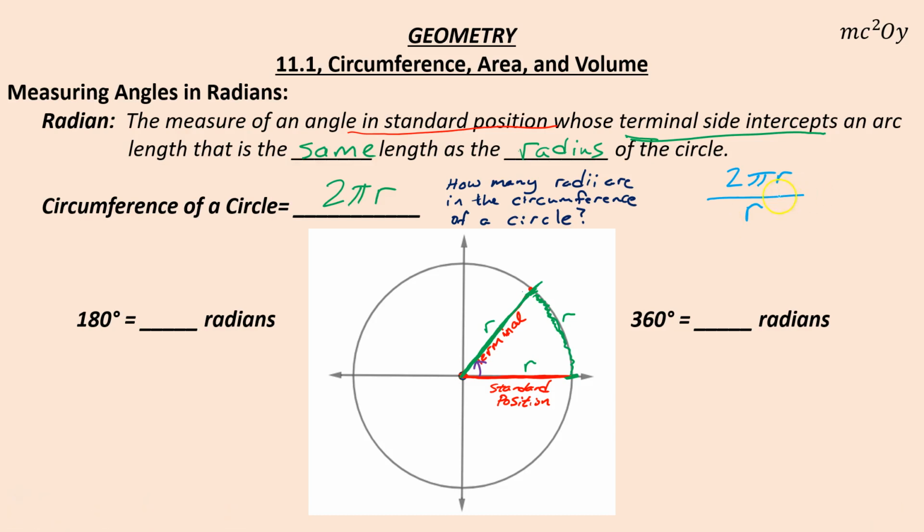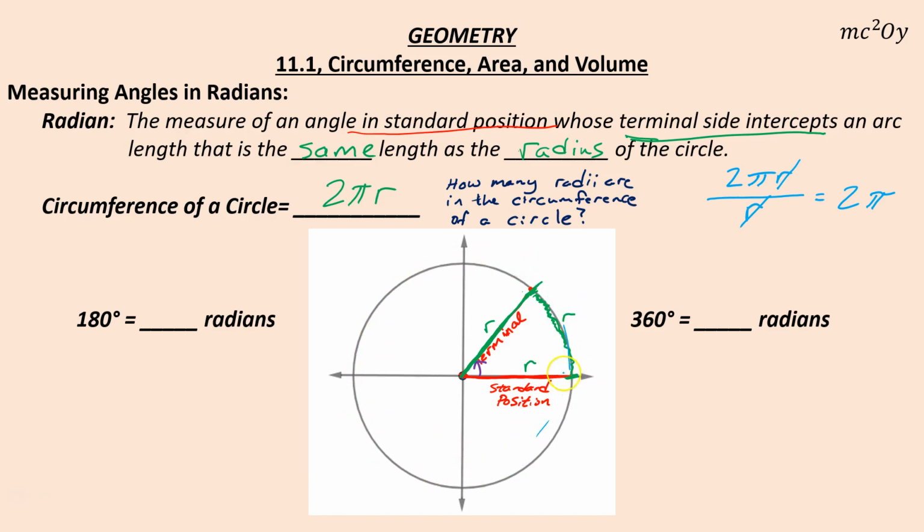And what I hope you find out is, note that the r's cancel, and you find that in any circle there are 2 pi radiuses in a circumference. In other words, we call a radius that's on the outside a radian, so there are 2 pi radians in an entire circle.